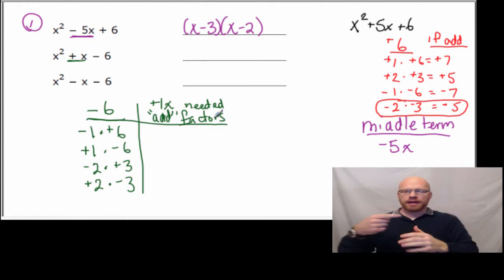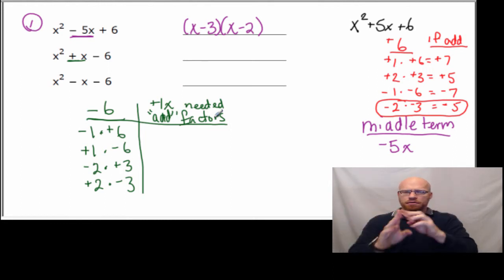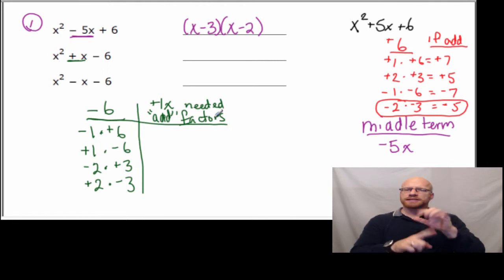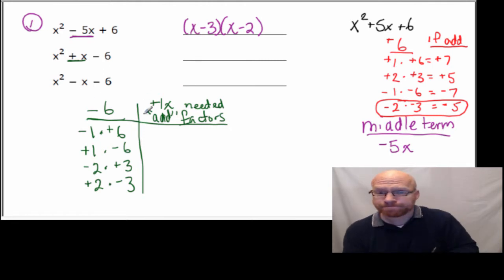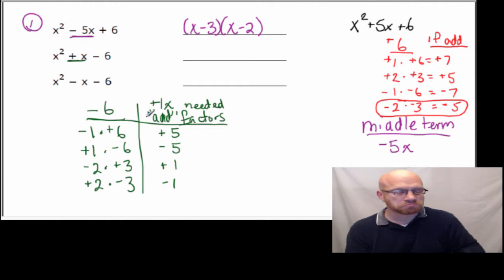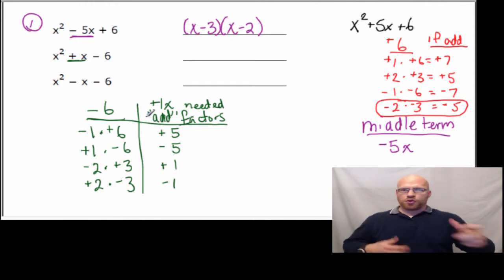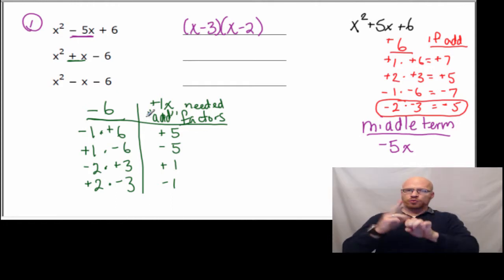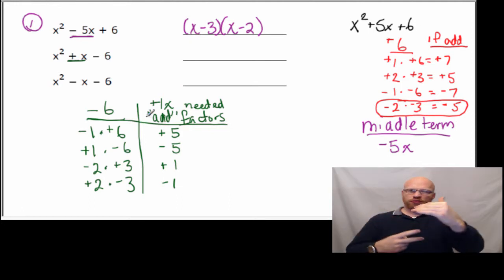If I were to combine, add these factors, we have negative 1 plus a positive 6. That's going to be positive 5. So we need to figure out which pair will give us our two conditions.